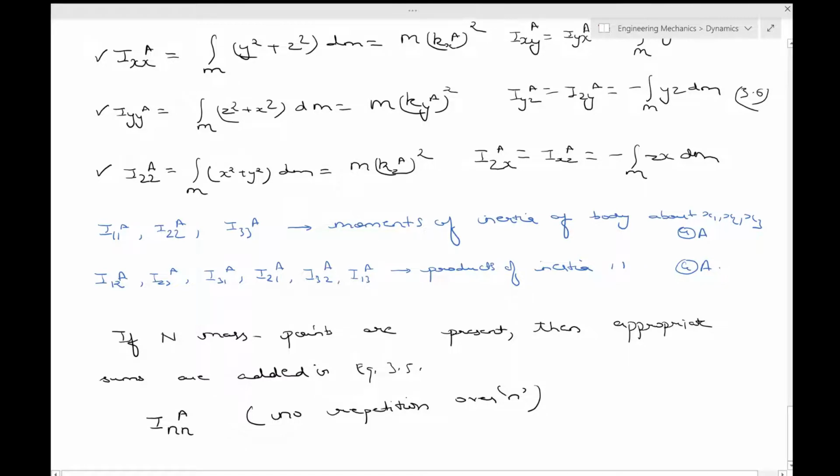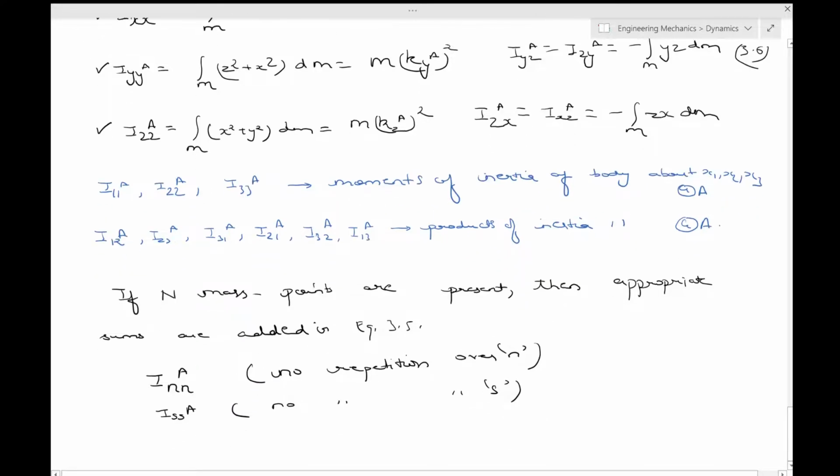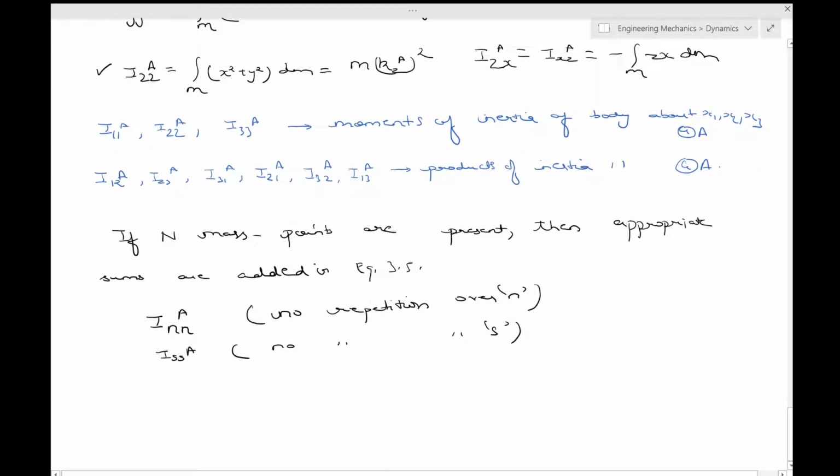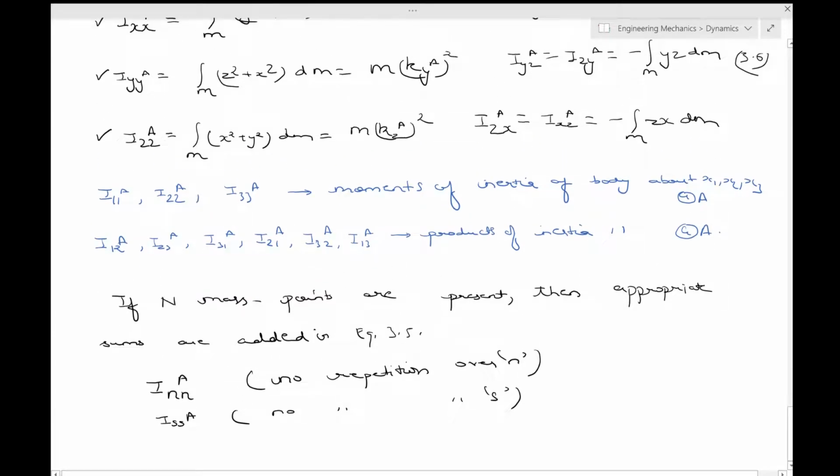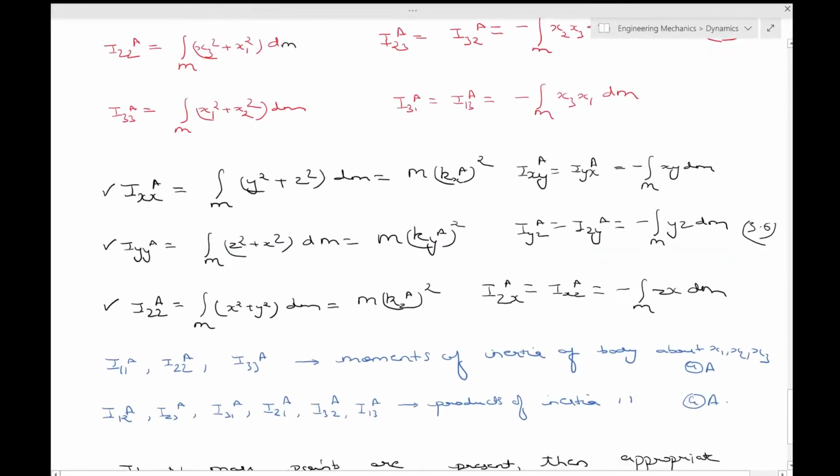Okay, we write it like INN, and ISS. Again, no repetition over S. So I'll define what these two quantities are.